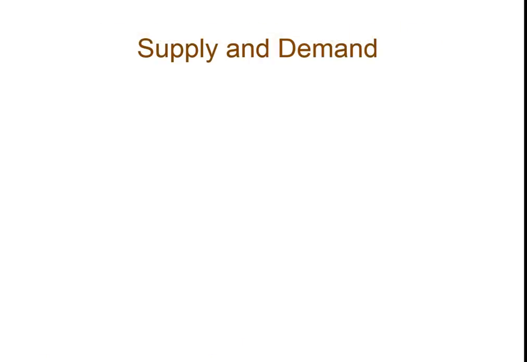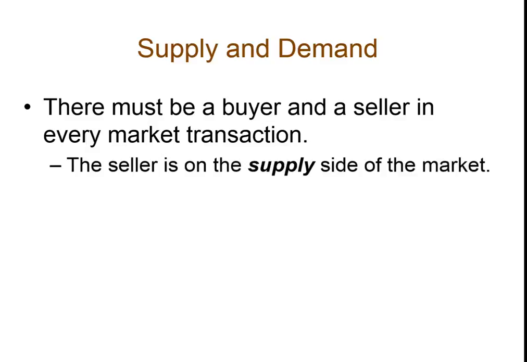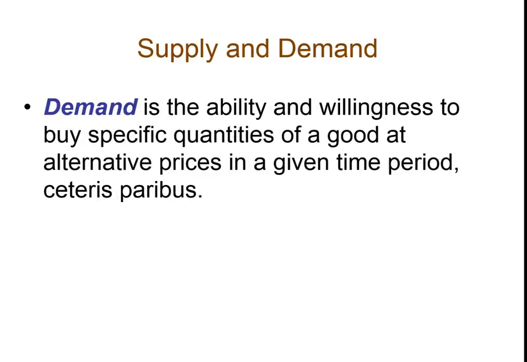So let's go back to our talk about supply and demand. When we talk about supply and demand, there's got to be a buyer and there's got to be a seller, a supplier and a demander. And demand is really more of a survey. It's a reflection of intentions by demanders.